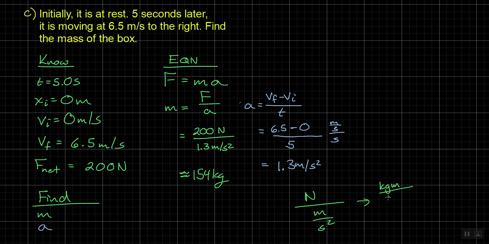Kilogram meter per second squared, and I'm dividing by meters per second squared, which is like taking this and multiplying it by what? Second squared over meters. What are we left with? Is that how we should wind up if we're talking mass? We're done. Okay.